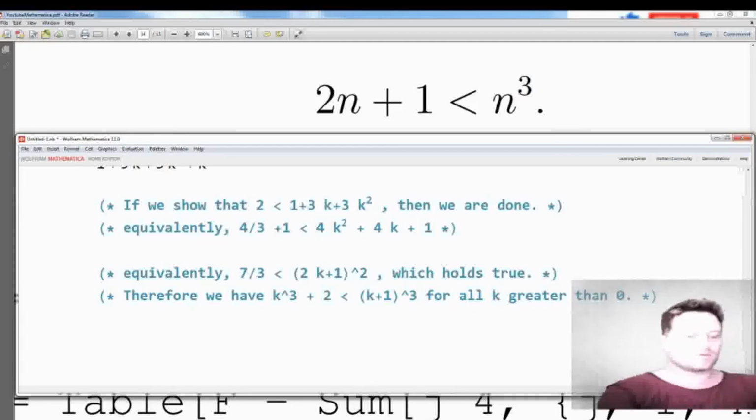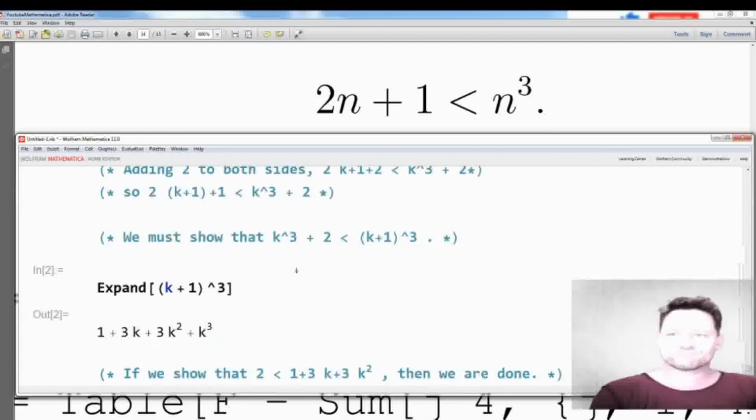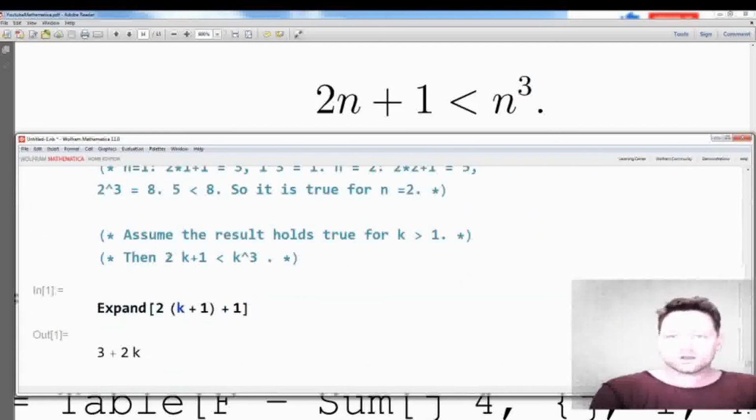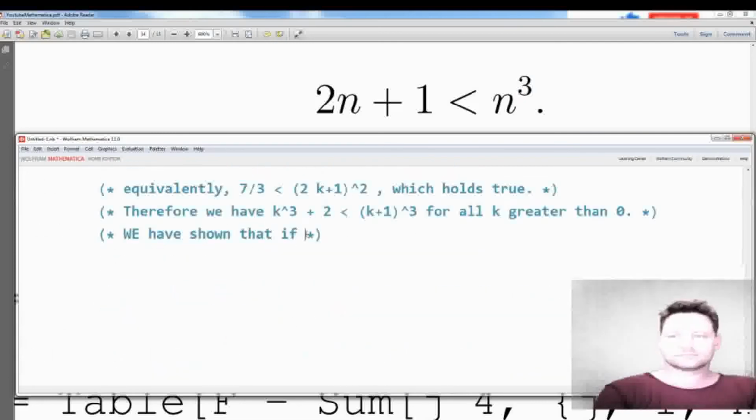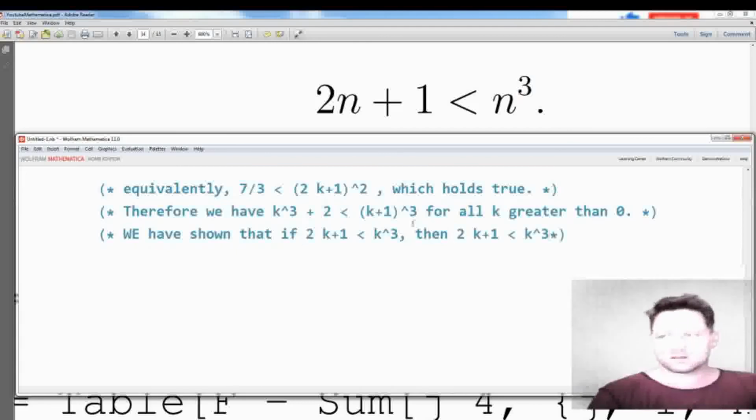So let's write what we've done. Okay, we have shown that if this holds true, if this, then the result for k plus 1.